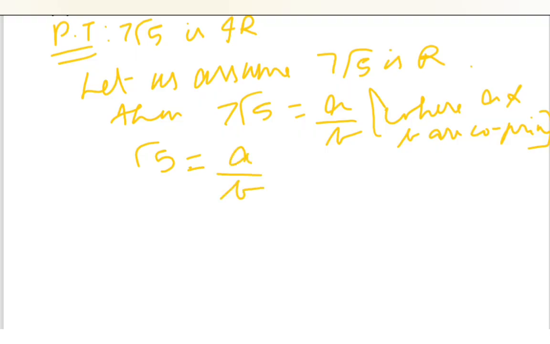Since it is in multiplication with root 5, it comes to division. So I am writing again, root 5 is equal to a by 7b. So we have got this.